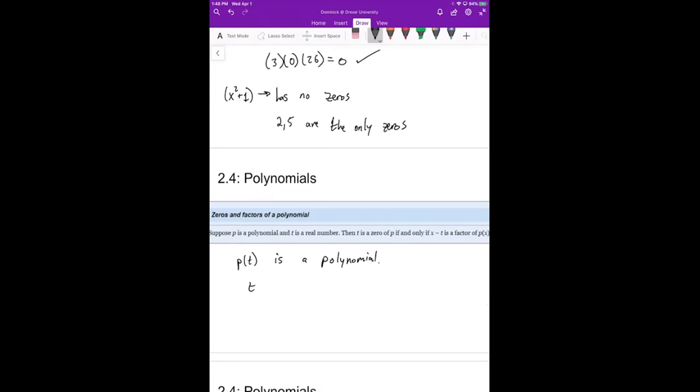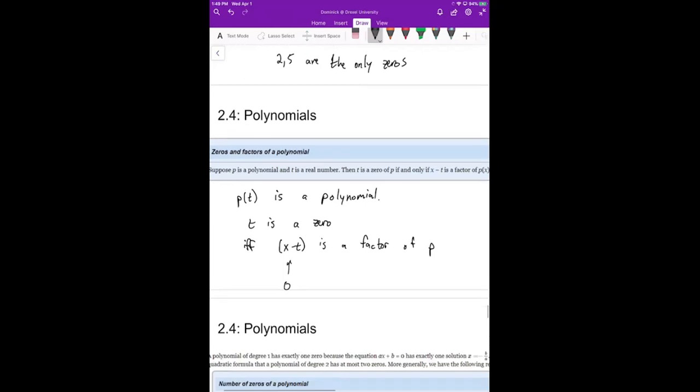Then you have that t is a 0 if and only if x minus t is a factor of p. Right? And of course, if you plug in t for x, that would make this 0. So that needs to be true in order for t to be a 0 of your polynomial.